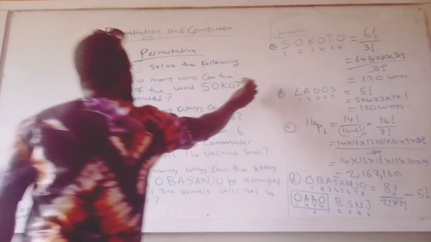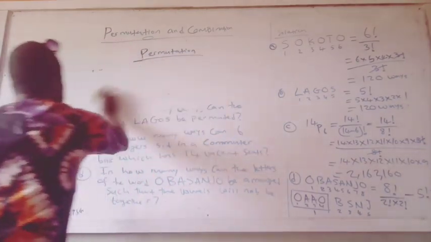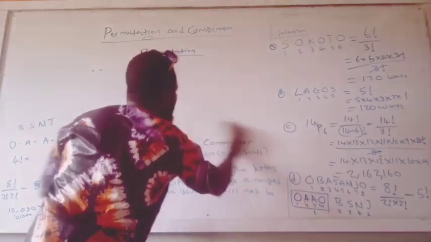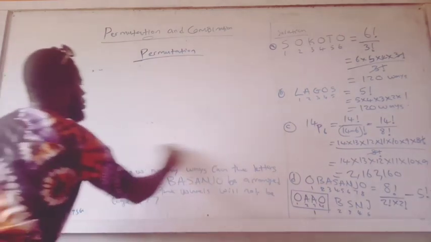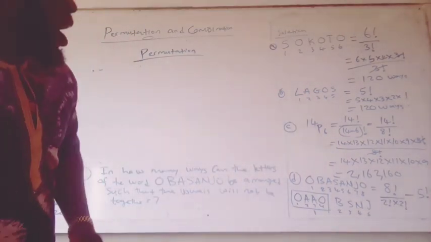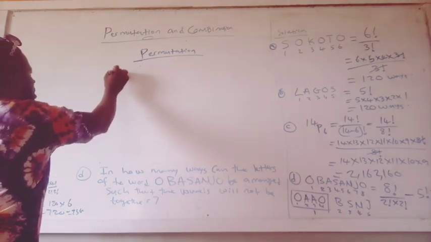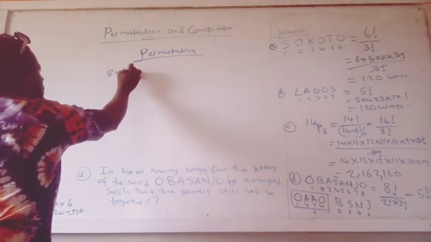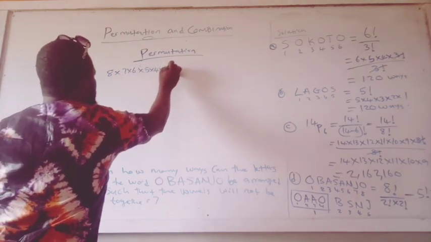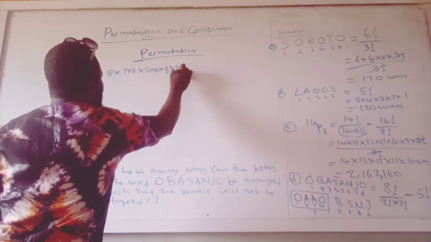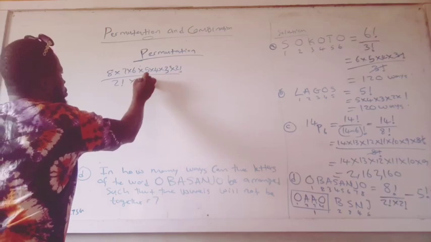And let's see what the final answer will give us by the time you solve it. So by the time you solve it, we have 8 factorial, which is 8 times 7 times 6 times 5 times 4 times 3 times 2 factorial, all over 2 factorial times 2 times 1.